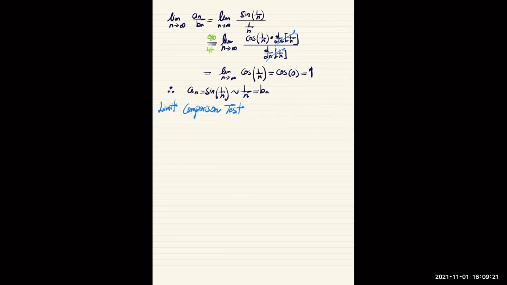Whatever happens to the series of that sequence is going to tell you what happens to the series of our sequence. Okay, so here is the statement. Let's say we have two series, the series of a sub n and the series of b sub n. And guys, again, these have to be positive term series, or eventually positive term.